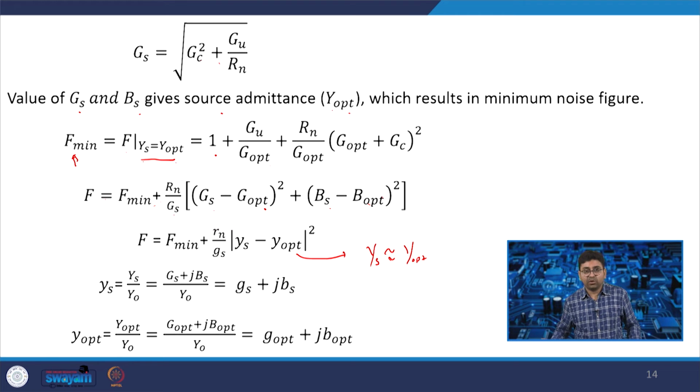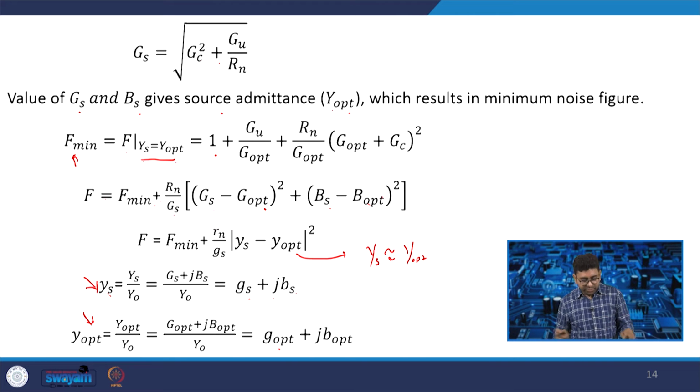Rn is the noise resistance and Gs is the conductance of the source. Here small ys is the normalized source admittance and small y opt is the normalized optimum admittance, which can be given by Gs plus jBs and G opt plus jB opt.